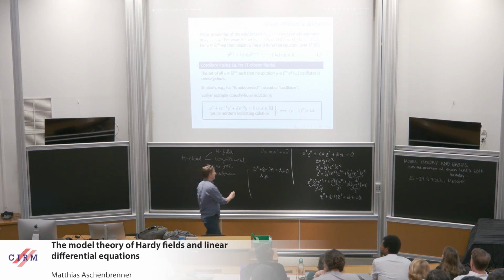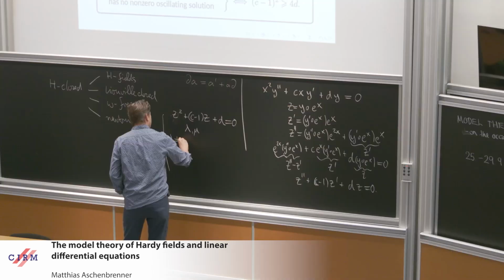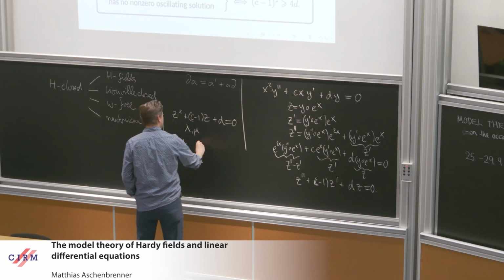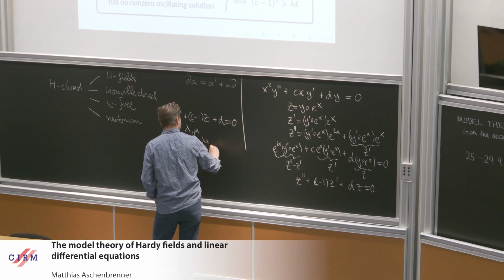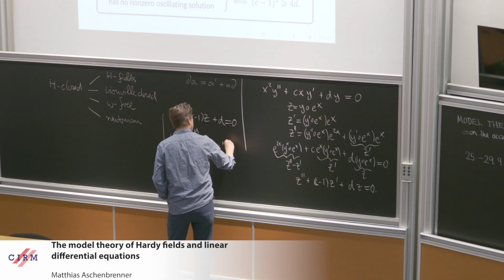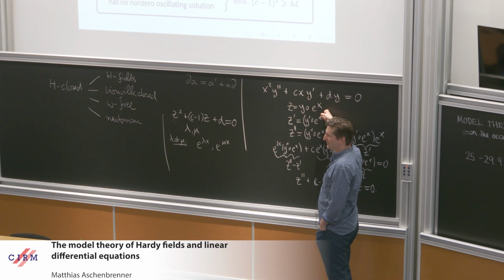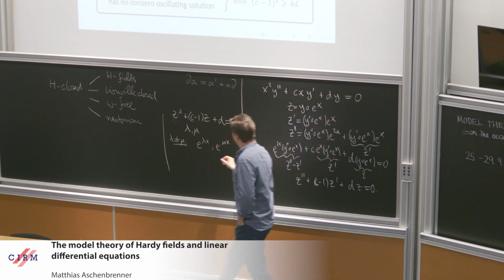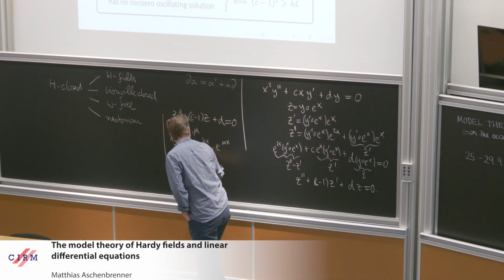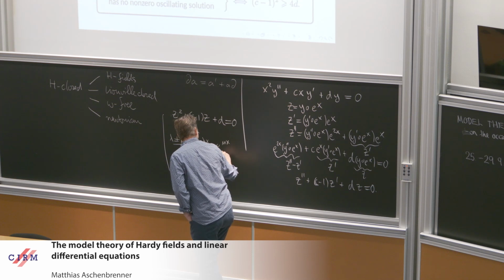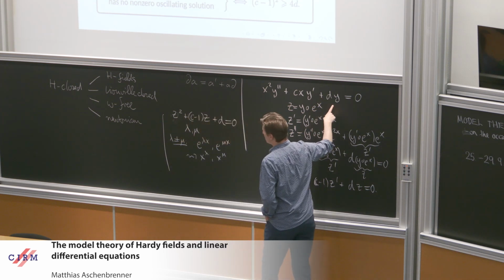So if lambda is not equal to mu, then you get e to the lambda x, e to the mu x as the solution of this equation, but now you have to undo your substitution. So you end up with x to the lambda, x to the mu as the solutions of the original equation.